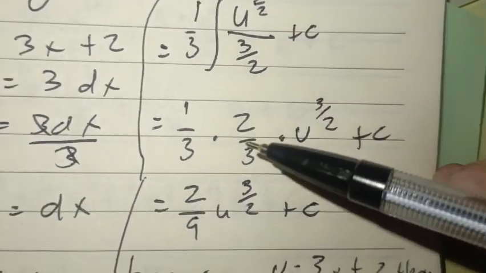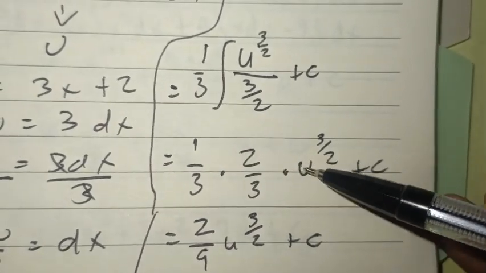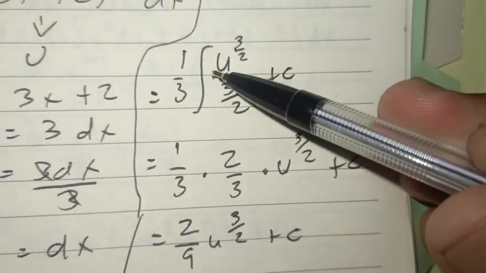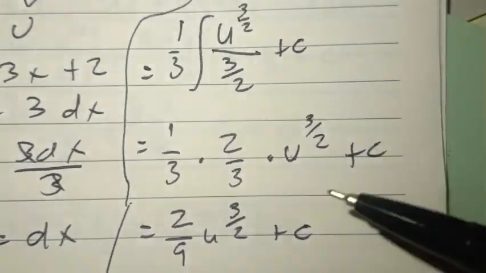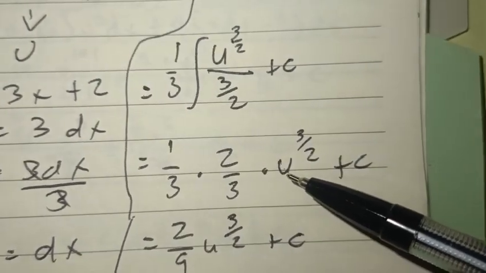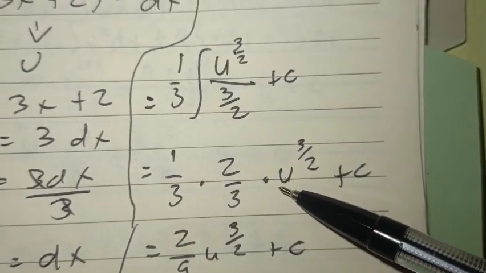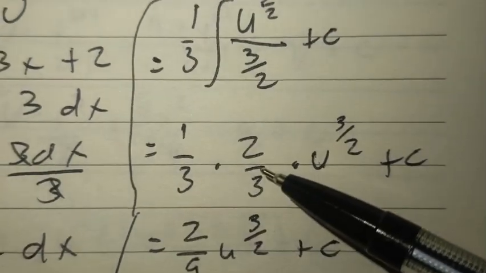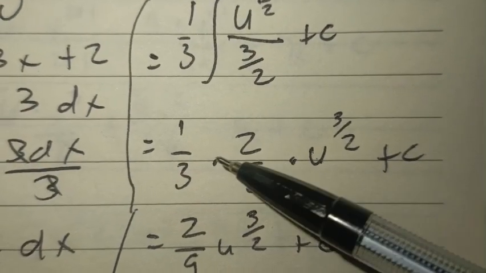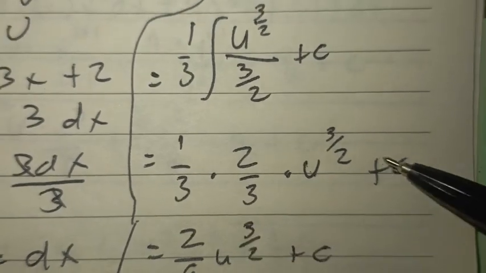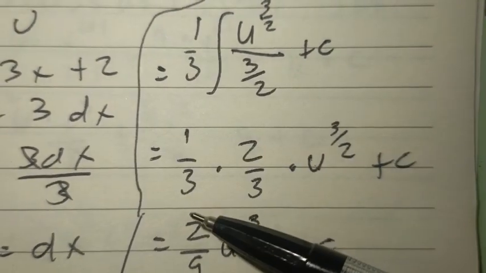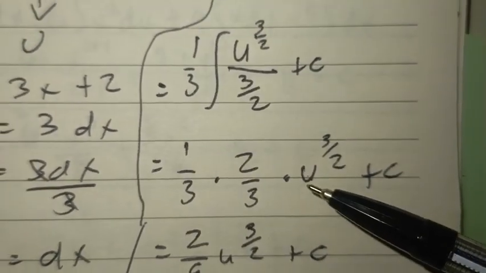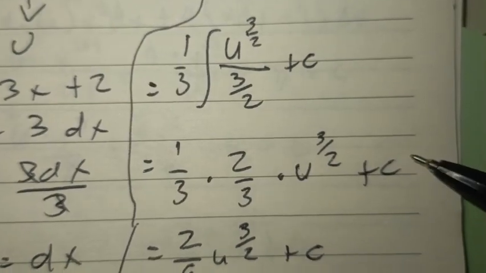So here we have 2/3 that we have on the u and 1/3 that we have outside the group. So we group out again and write all the values we have left. So 1/3 multiplied by 2/3 multiplied by u raised to 3 over 2 plus c.